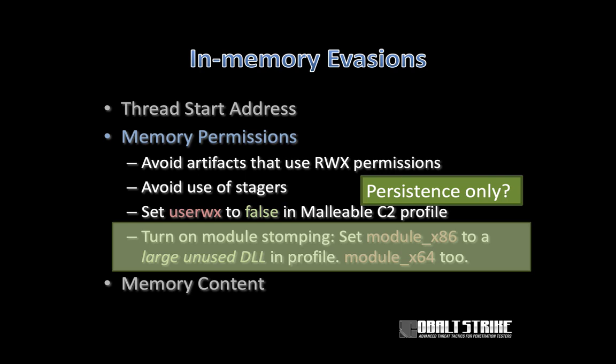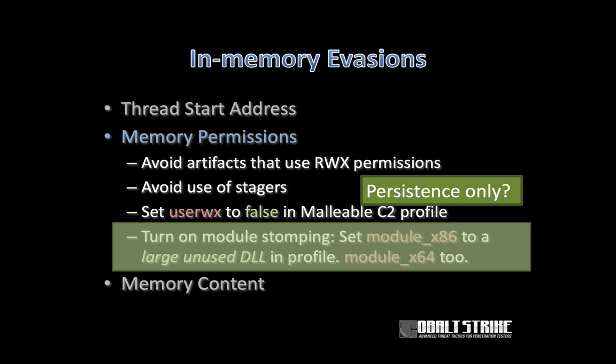The other risk with module stomping is that you choose a stomped module that is too small. If you do this, your Beacon will crash when it's trying to write itself into that module's memory space. So keep that in mind as well.